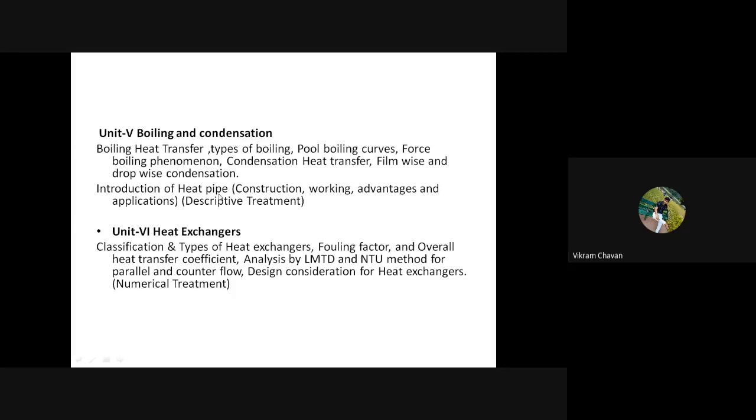Okay, the most important point in the sense of application of boiling and condensation is the heat pipe. This is the device which is used in most electronic devices. This heat pipe component has a very high capacity to transfer heat within a small area, so it finds very interesting applications.